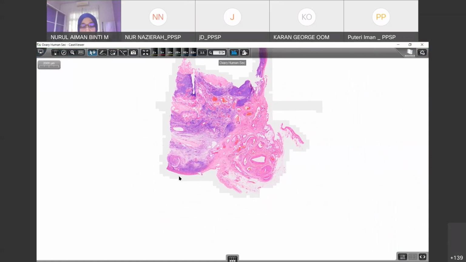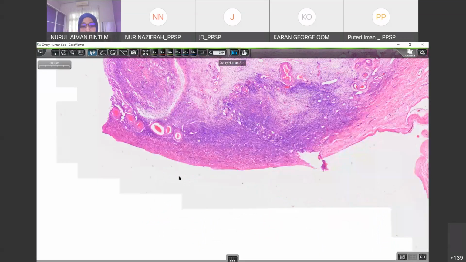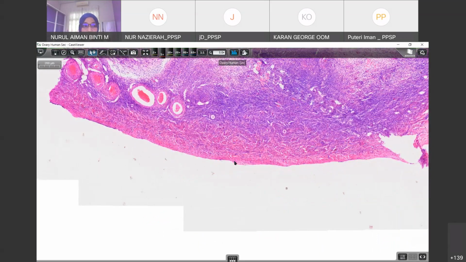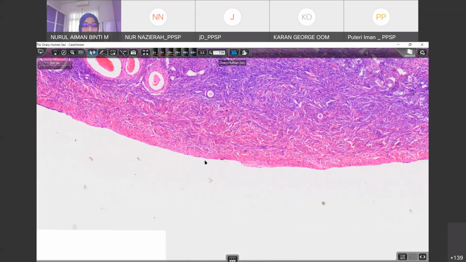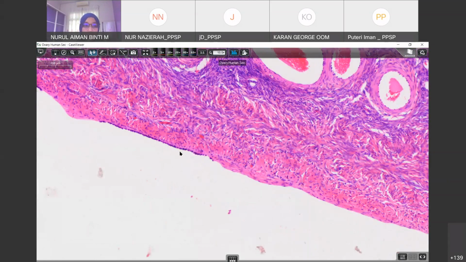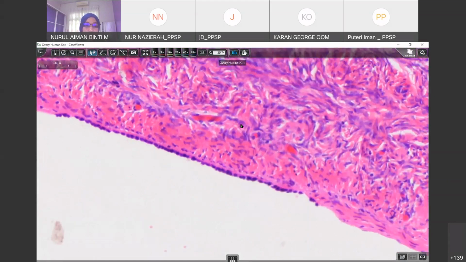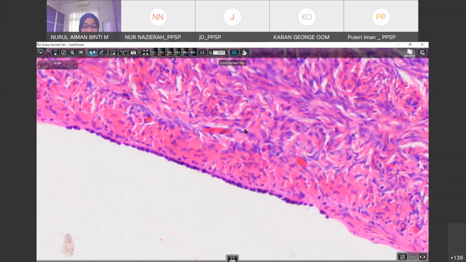On the surface of this ovary, most of it is simple squamous epithelium, but inside the ovary they are lined by simple cuboidal. This is simple cuboidal. So this ovary maybe belongs to someone around 40 plus, because I can see a lot of cuboidal epithelium here.